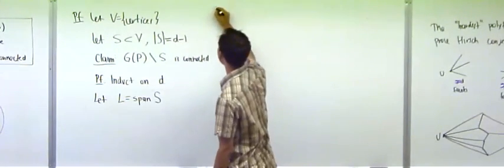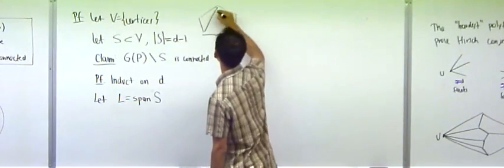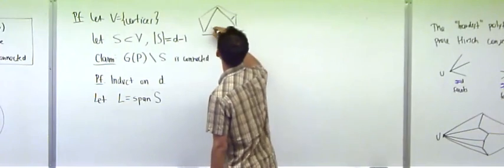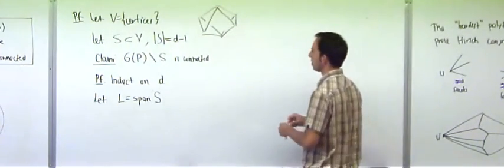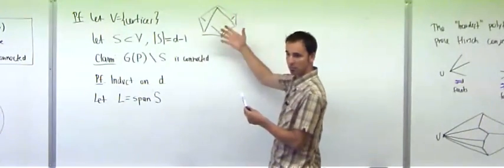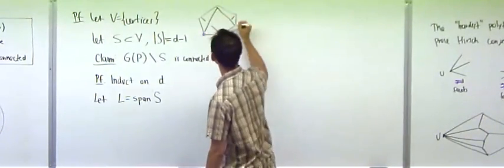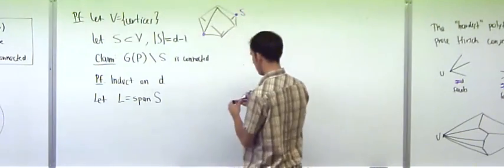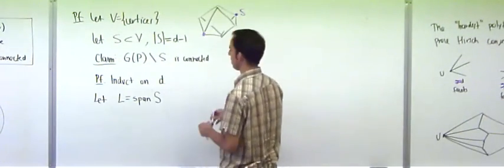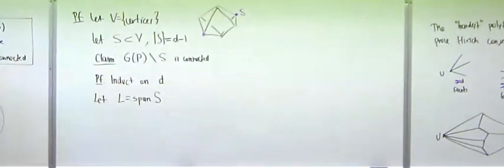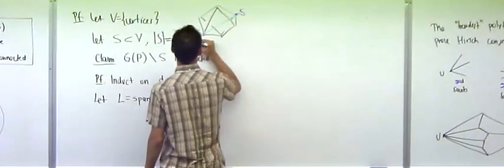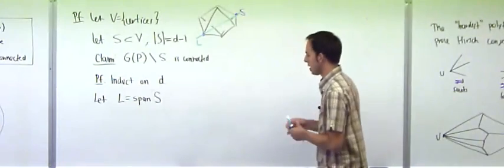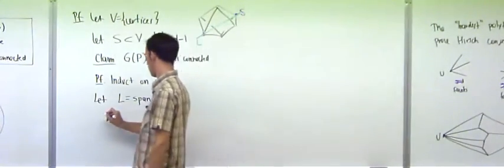So, think about it. Here's our polytope. So for example, here I'm in dimension 3, and then I'm taking 2 vertices. I'm calling them S. And then I'm considering the span, and I'm calling that span L. So this is L. And I'm going to consider 2 cases.